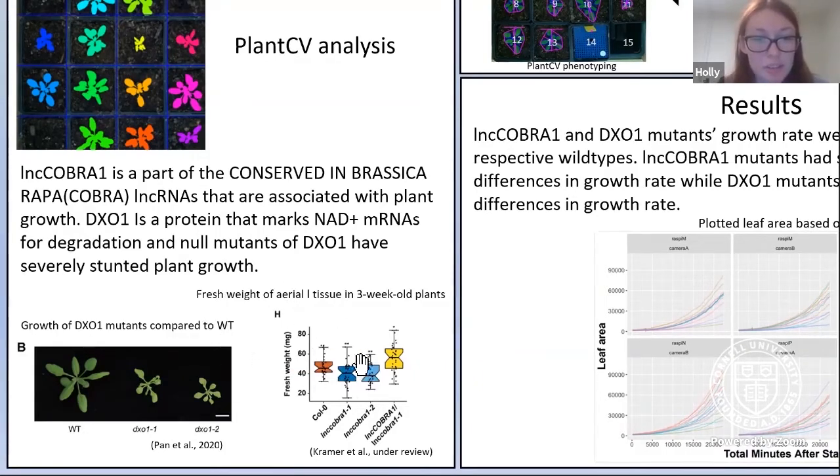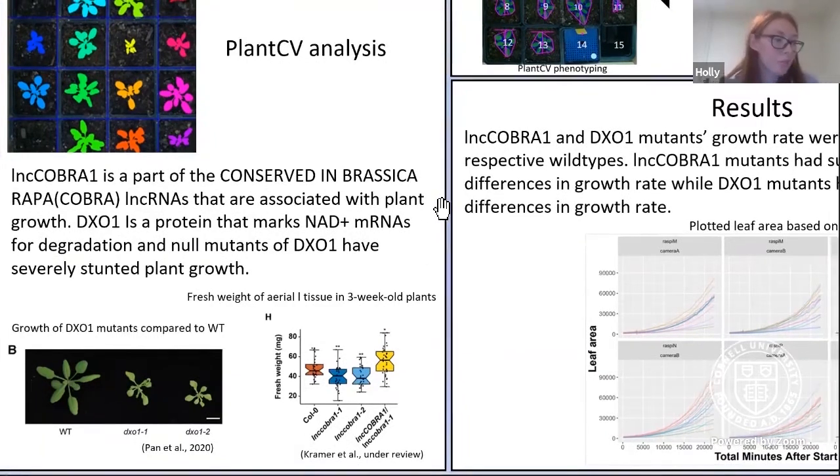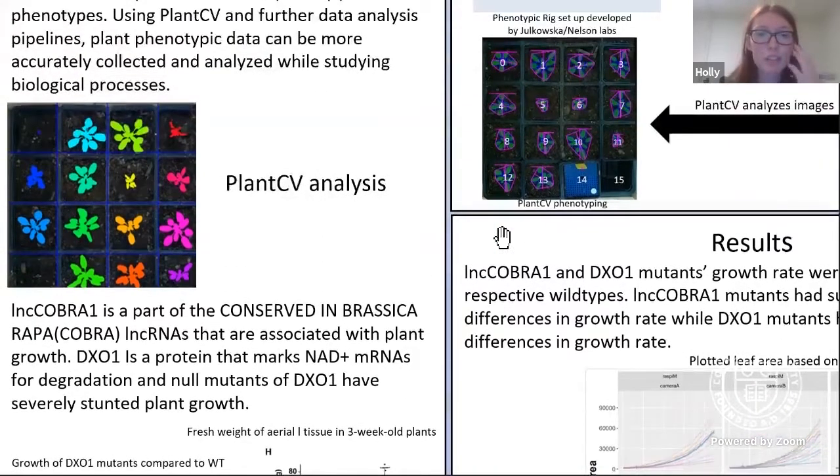So that's why we took the fresh weight of them in past studies. Thank you, Kramer. So for my experiment, we're more interested in the growth rate throughout the entire experiment, not just looking at certain instances like these down here.